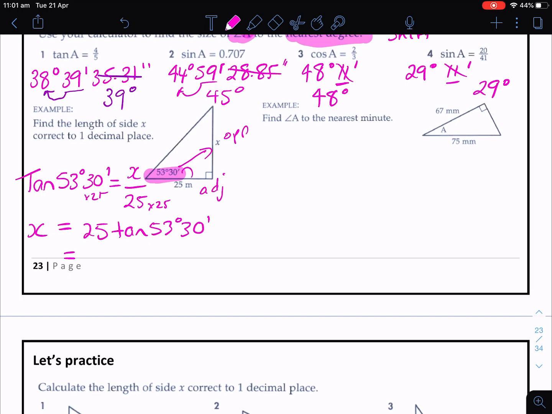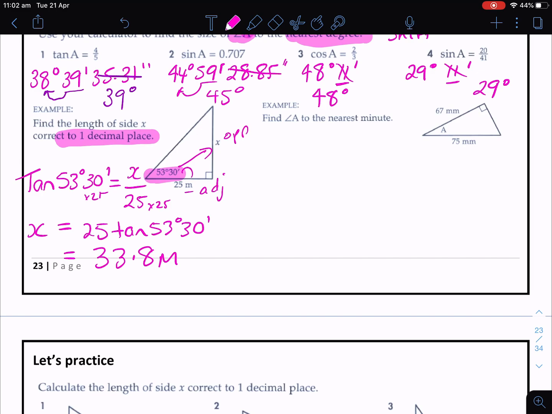Sorry, I just have to do it again because mine came up with an error. Okay, and then always go back to your question and see how does it want me to answer this. It wants me to answer with 1 decimal place. So mine came out at 33.78556 and so on. So we're going to go to 1 decimal place, which is 33.8, and then we look, it's meters, so we're going to put meters there.